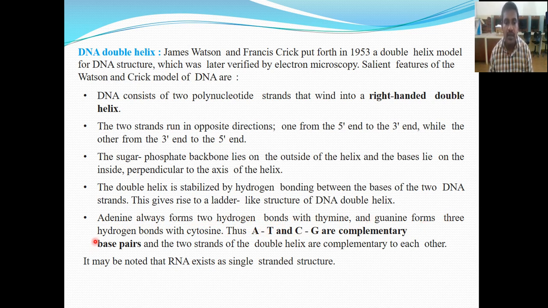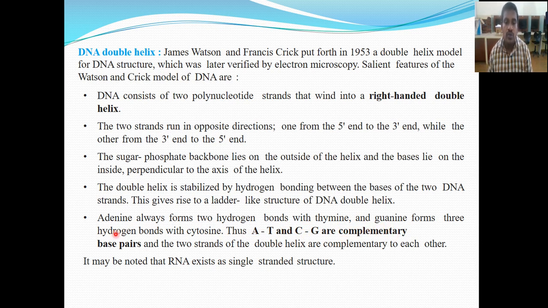Guanine forms three hydrogen bonds with cytosine. The hydrogen bond between guanine and cytosine is a triple hydrogen bond. Adenine and thymine have a double hydrogen bond and are complementary to each other. That means adenine always pairs with thymine, and cytosine always pairs with guanine.